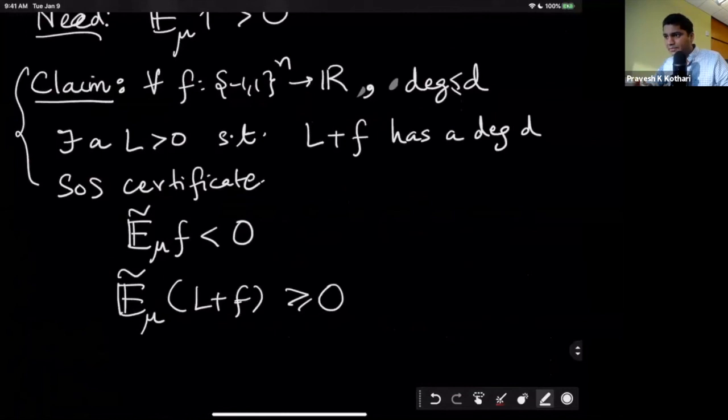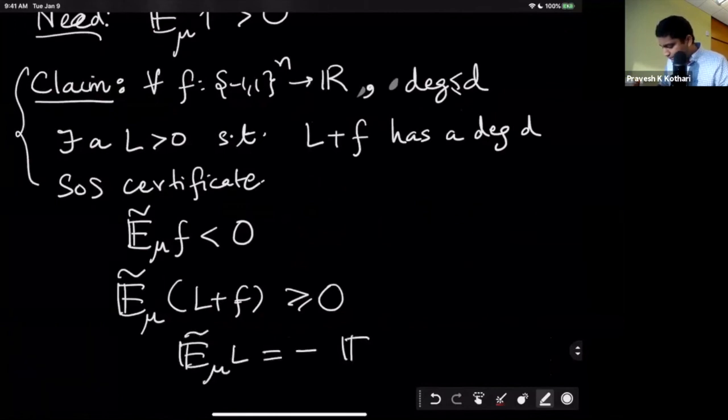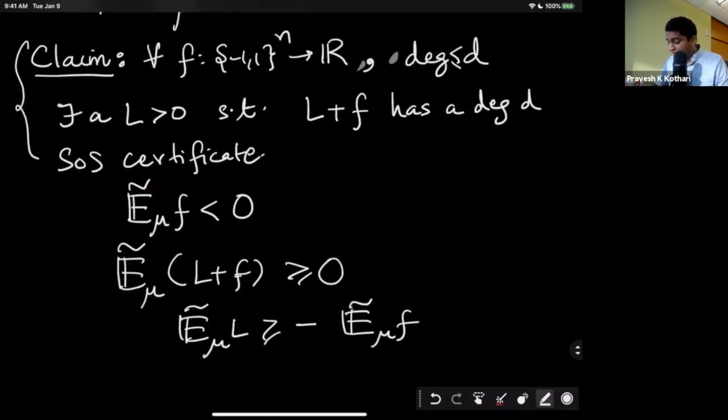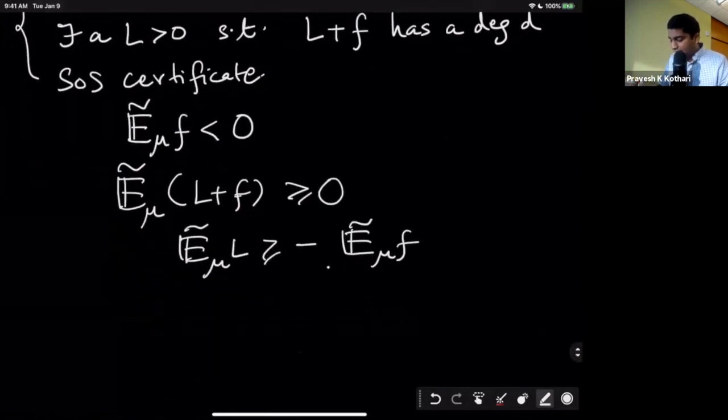So far so good. I claim that we are done now, because we're just going to do some shifting business. So we have L plus Ẽ_μ of f, and remember, Ẽ_μ of f was strictly negative, which means minus Ẽ_μ of f is strictly positive. And by linearity, the left-hand side equals L times Ẽ_μ of 1, right?